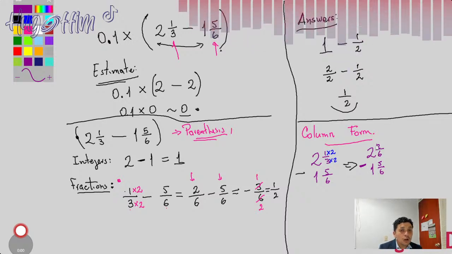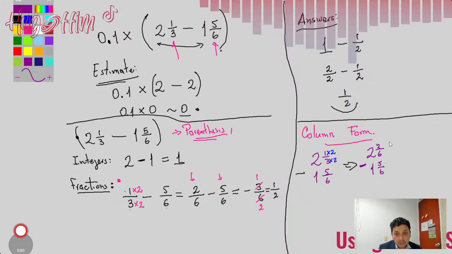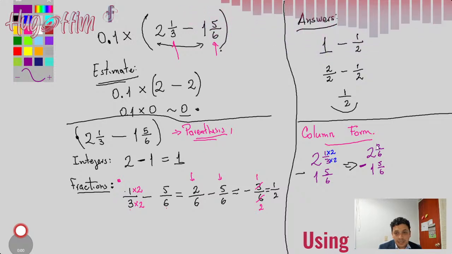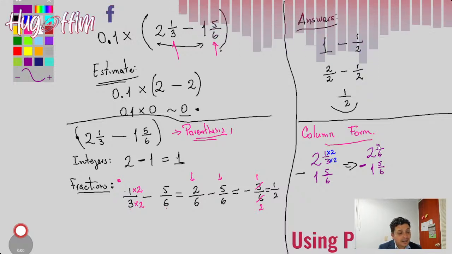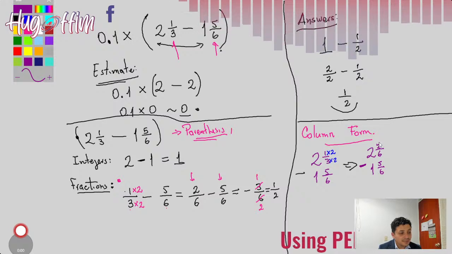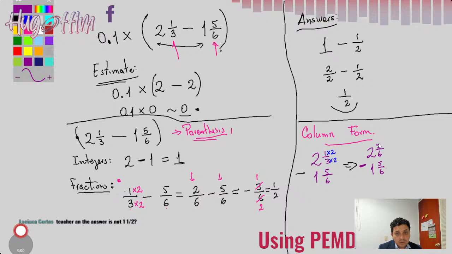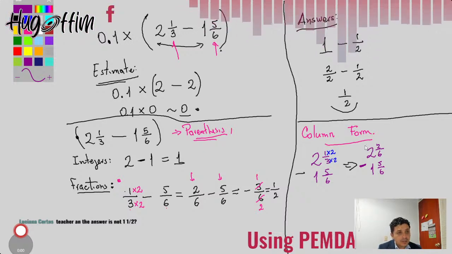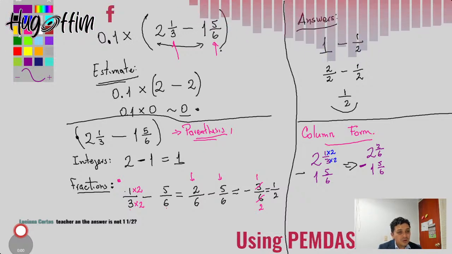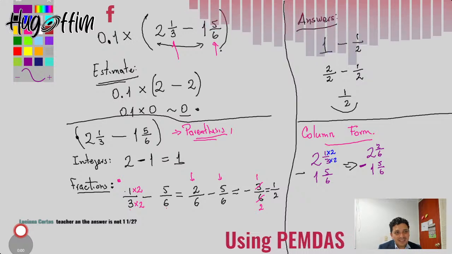If you use column form, the numerator of the first row of the column must be greater than the numerator of the second row. In this case, the numerator is less than. So I need to give 1 unit here, like when in Spanish you say prestar.